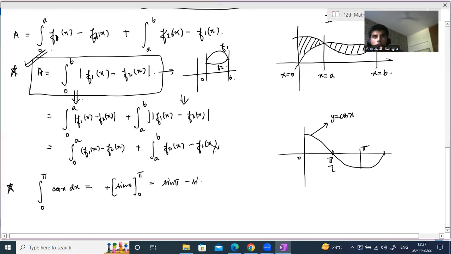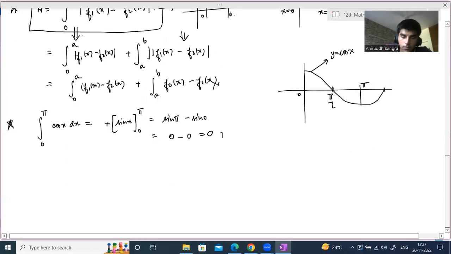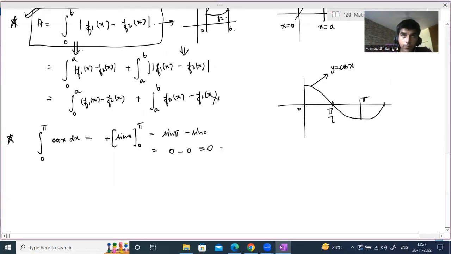No. Sine is always 0 at integral multiples of pi. So this is coming out to be 0. And it should come out that way, because this is an odd function: positive here, negative here. By the property of the integral from 0 to 2a of f(x) dx.